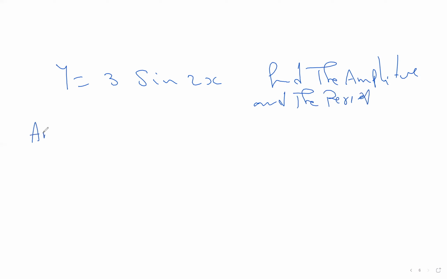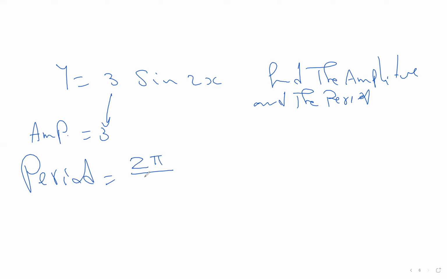The amplitude will be 3 and the period will be 2 pi over 2, which is 360 over 2, which is 180 or pi. And when you graph it, the amplitude stretches the curve up to 3. This is 1, 2, 3, negative 1, negative 2, negative 3.